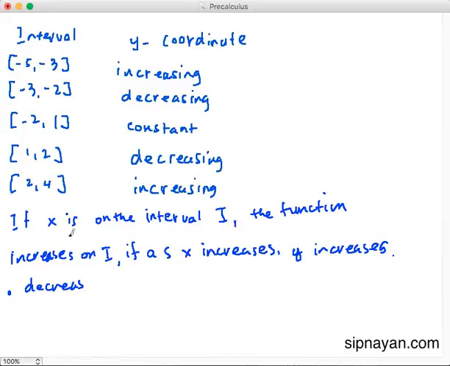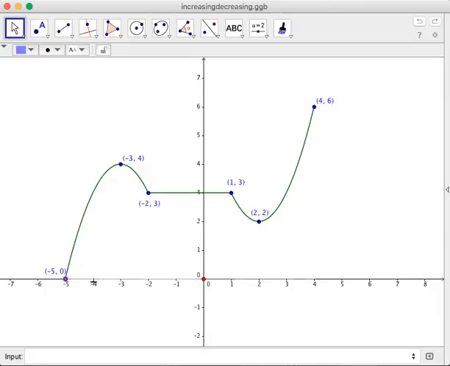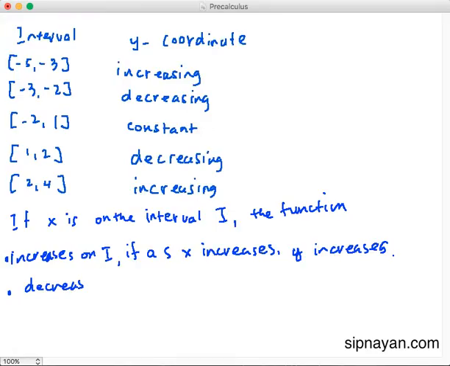So like this, it increases from negative 5 to negative 3 because as you move to the right, x increases, and your y also increases here. So that's the graphical meaning of it.